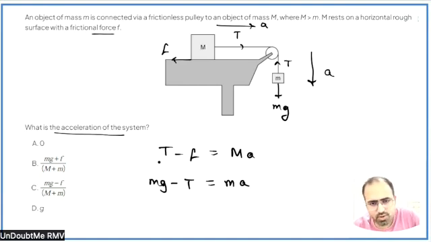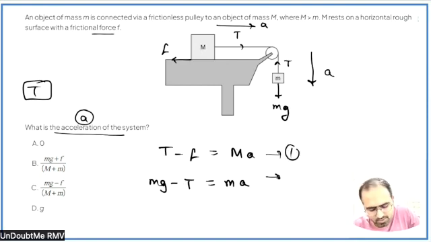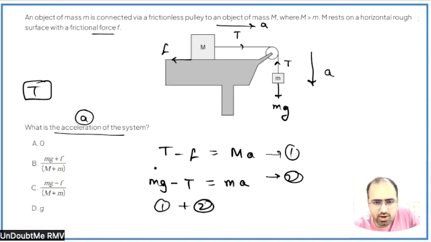Now, from these two equations, if you observe carefully, we have to find the acceleration. We don't need tension, so this tension needs to be eliminated. In both the equations, it is there with opposite sign. It means you're going to just add them. So 1 plus 2 will get rid of tension and we will be getting mg minus f.